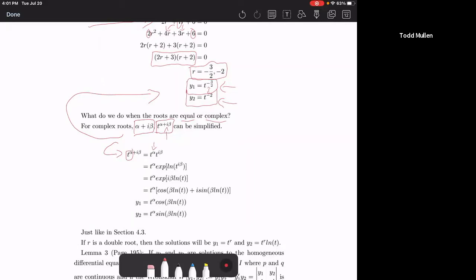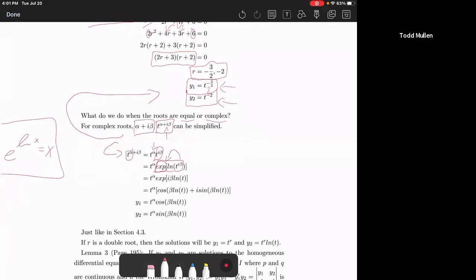And then we're going to use a substitution because remember, e to the power of ln x is just equal to x. That's what this exp means. It means e to the power of. So I'm just going to substitute t to the i beta as e to the power of ln of t to the i beta. Well, we then use our law of logarithms to bring that i beta out front as a factor.